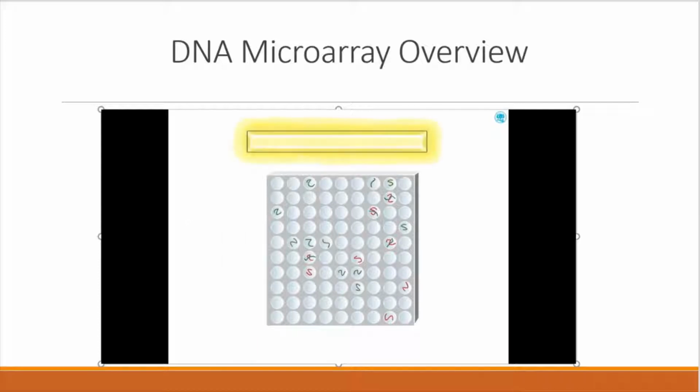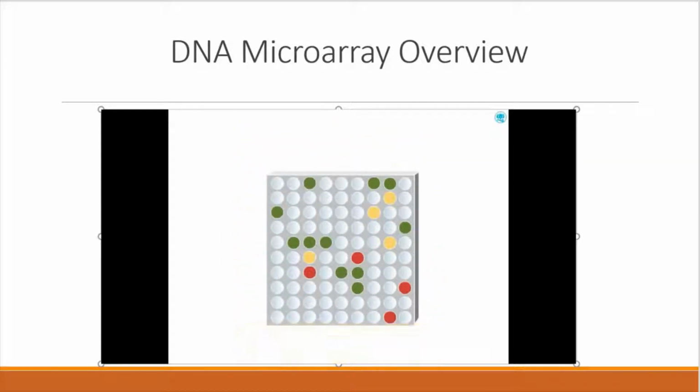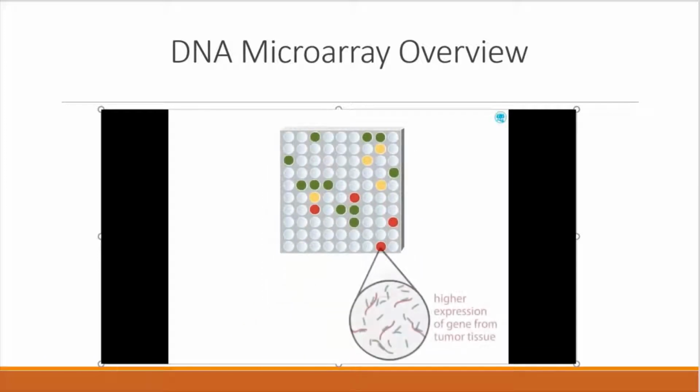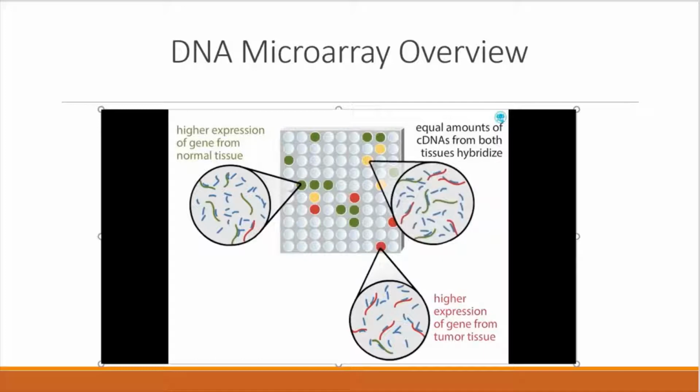A scanner detects patterns of hybridization by sensing the fluorescent signals. In this example, a red spot indicates that expression of the gene is higher in the tumor tissue compared to normal tissue. In contrast, a green spot indicates that expression of the gene is higher in normal tissue than in the tumor tissue. A yellow spot indicates that the gene is expressed equally in both tissues.